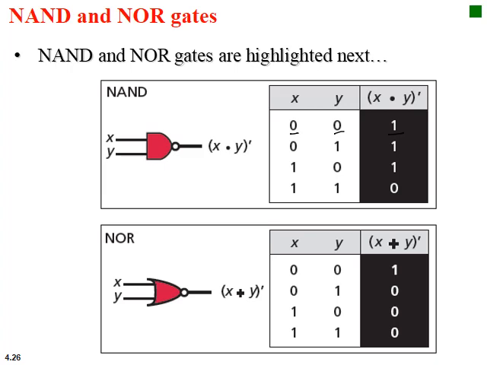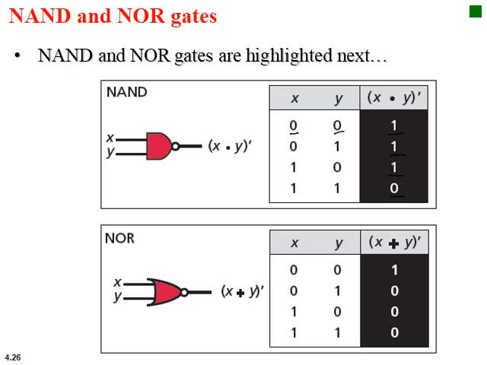Same for the rest. 0 and 1 would normally give us 0, so NAND of that gives us 1. 1 and 0 normally gives us 0, and NAND of that gives us 1. And 1 and 1 normally gives us 1, and then we negate that, which gives us 0.